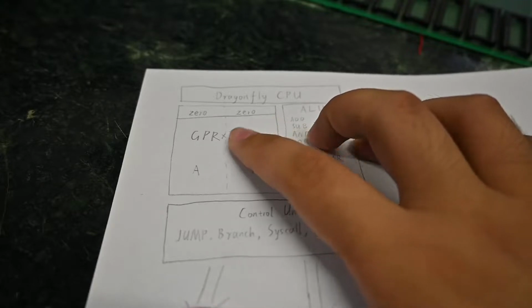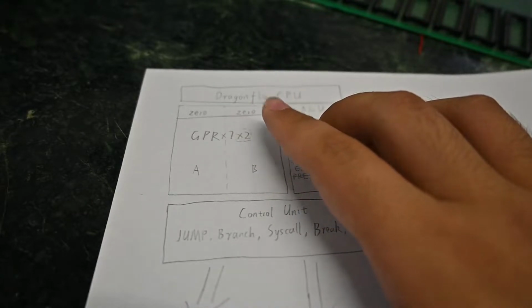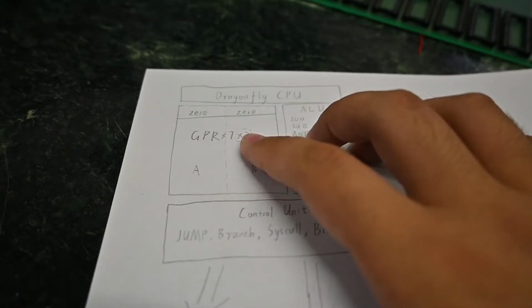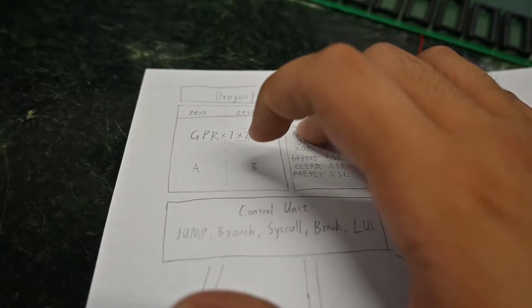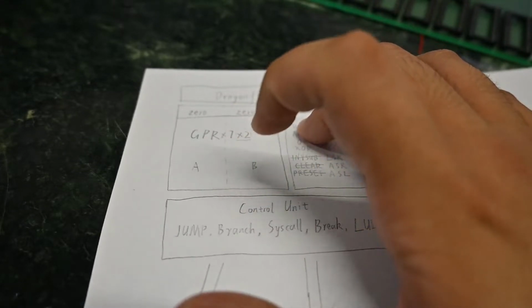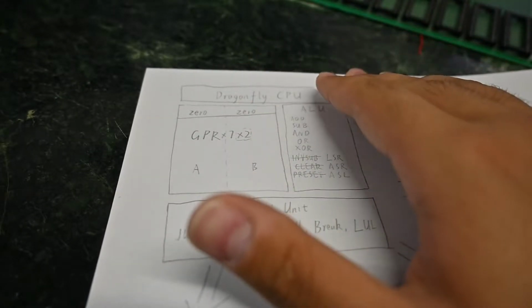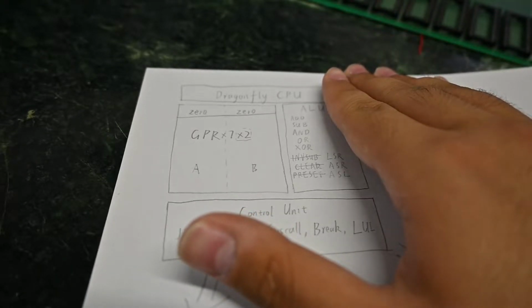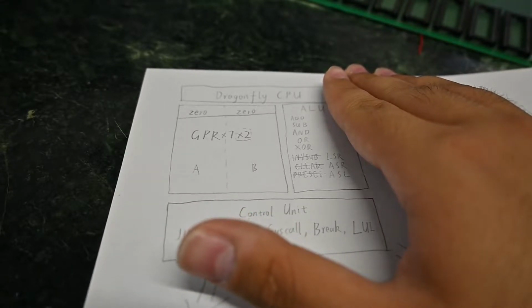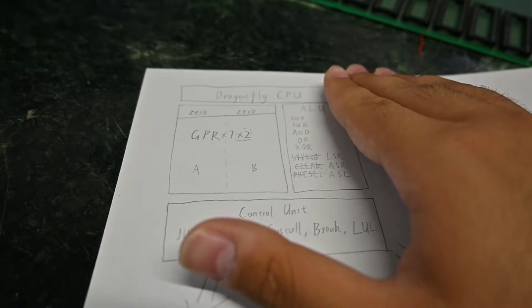But then going back to the registers, you can see the times 7 times 2. Why is there this times 2? Basically, the register file is actually duplicated. You can see that the dotted line here means that these are A and B register files, and they are not like the backup register file you can find in the Z80.